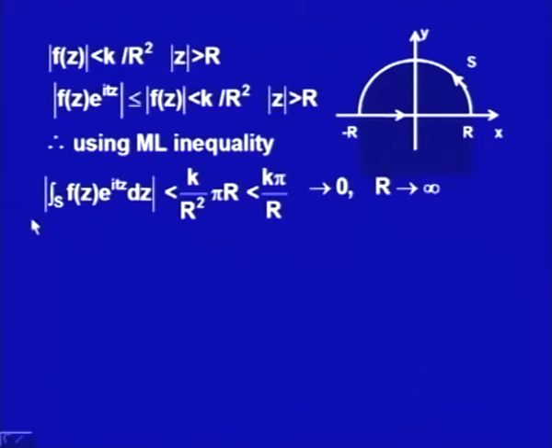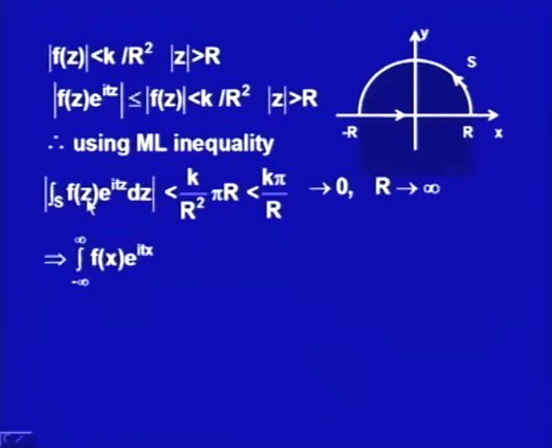So what we are getting is that as r approaches infinity, the integral of f(z) e^(itz) with respect to z on the contour S would approach 0.